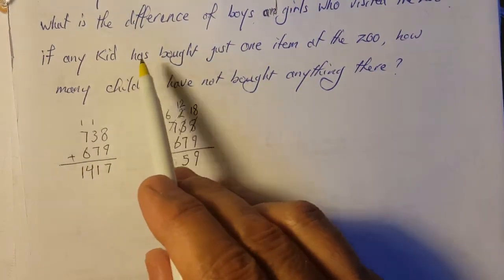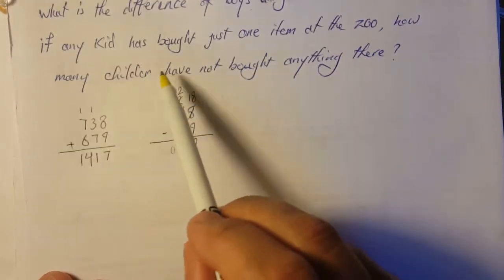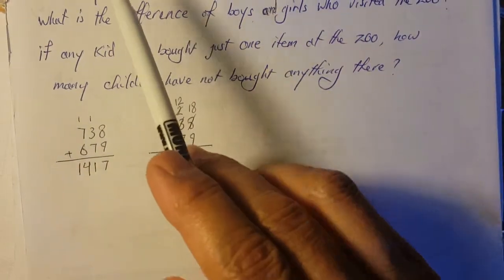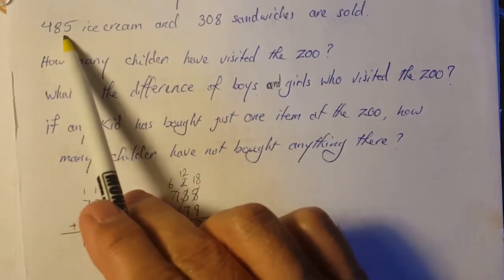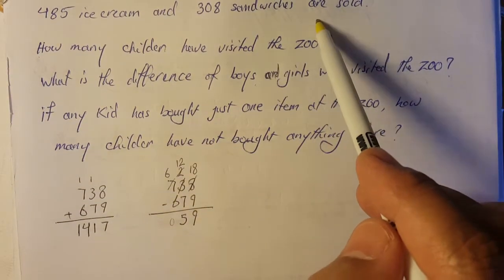If any kid has bought just one item at the zoo, how many children have not bought anything there? Okay, we know that 485 ice creams and 308 sandwiches have been sold.